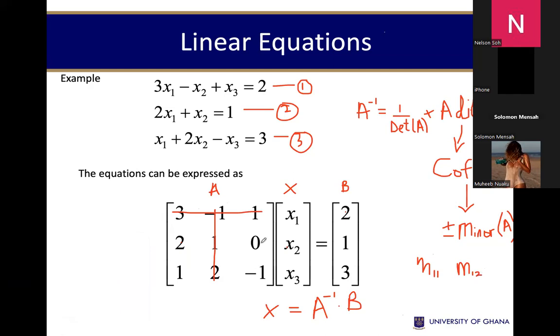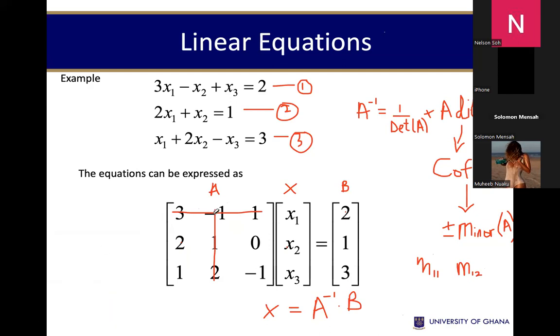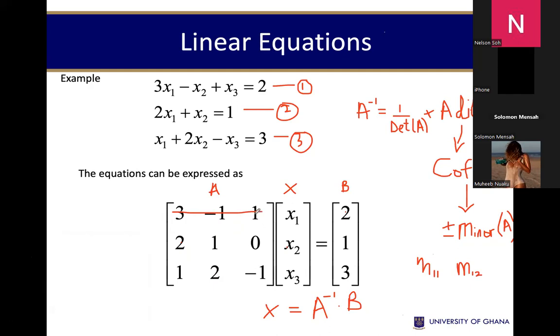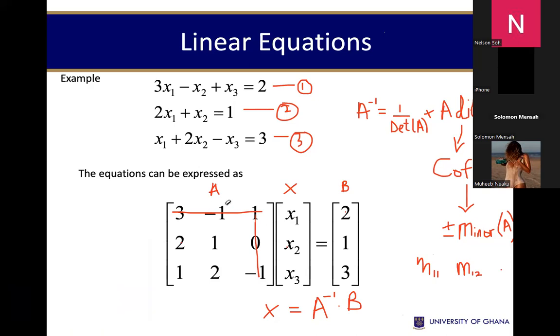Good. Then I do the same for the next one. Then I can easily find the determinant here and put it here.